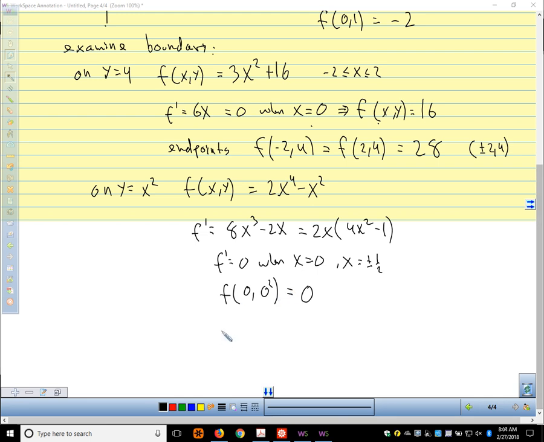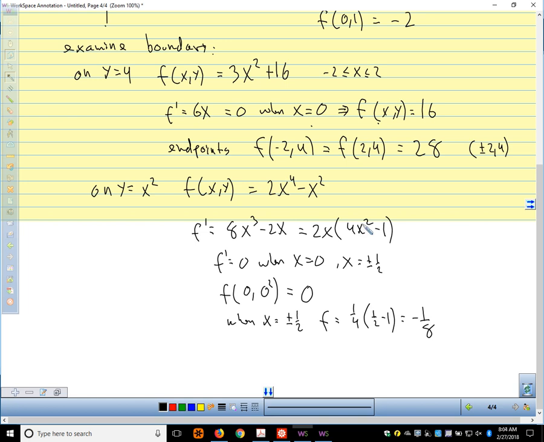And when x equals plus or minus 1/2, f equals 1/4 times 1/2 minus 1, which is negative 1/8.